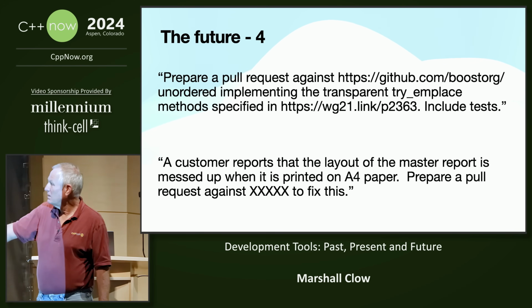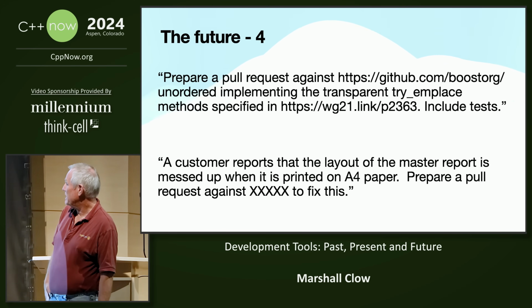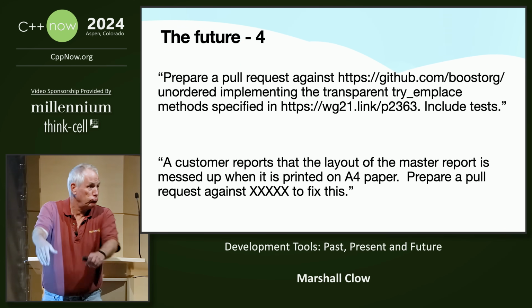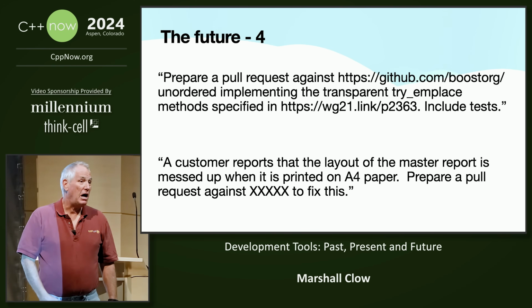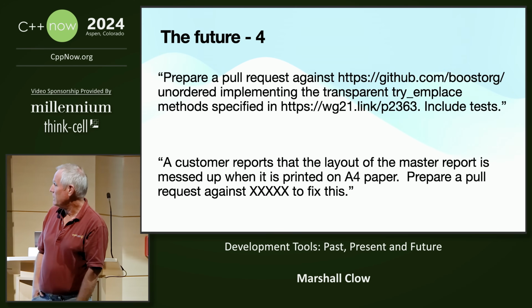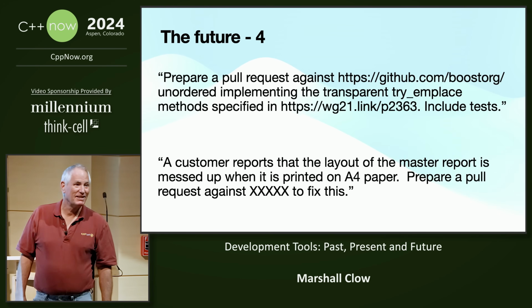The second one: customer reports that the layout of the master reports is messed up when it's printed on A4 paper. Prepare a pull request to fix this. I think it would be a long time before we get something like that because of imprecision like "messed up" and so on.